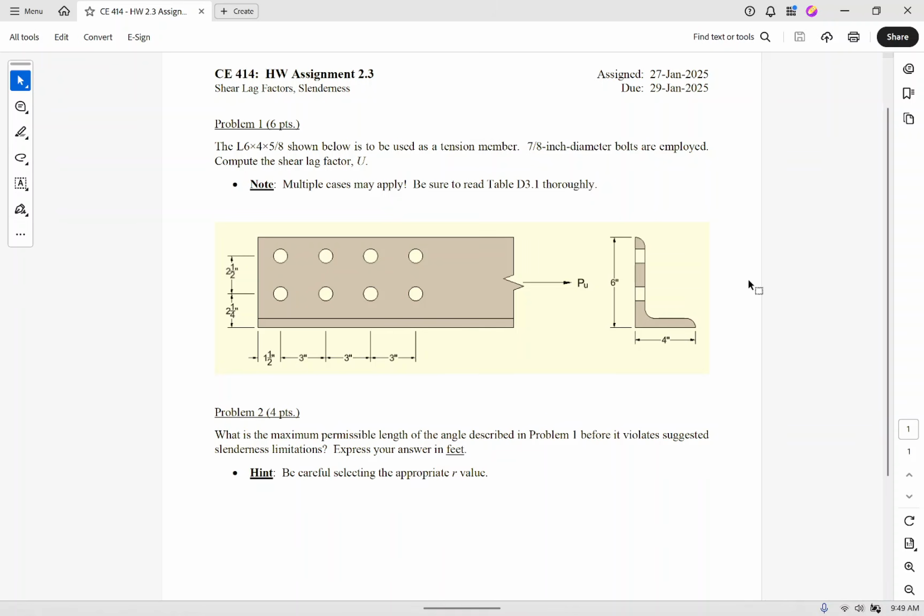I want you to compute the shear lag factor, and I want you to tell me how long that member can be before it violates suggested slenderness limitations. And I'm giving you a hint: because angles are unsymmetric, there are actually 3 listed r values. There's an rx and an ry, and then a principal r about the z-axis. I think you'll see what I mean when you start looking at those.